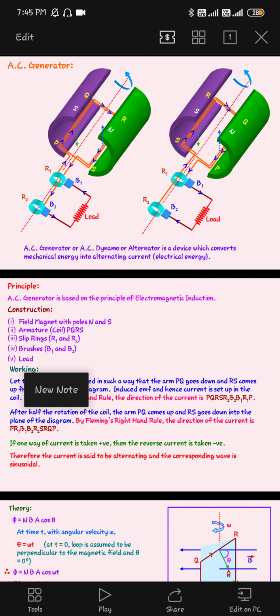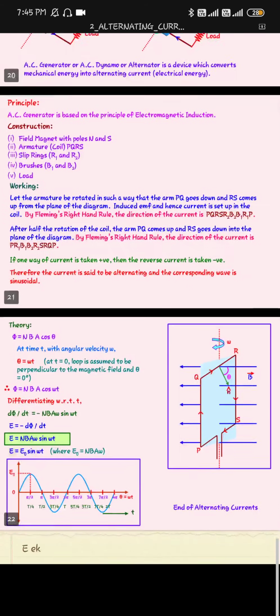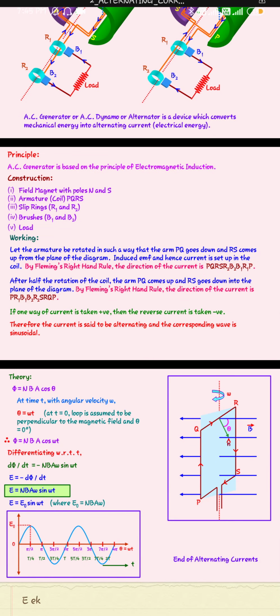And the flux linked with the coil is given by phi is equal to NBA cos theta, where N is the number of turns in the coil, B is the magnetic field, A is the area of cross section, and theta is the angle between the direction of the magnetic field and the area vector of the plane of the coil. So theta is equal to omega t, therefore phi is equal to NBA cos omega t.